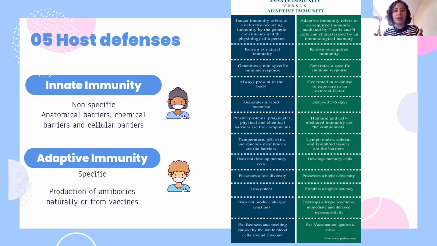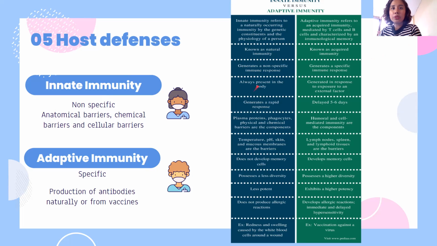So if a tetanus toxin enters your body, your COVID-19 antibodies cannot attack your tetanus toxin, okay? Unless you have a tetanus vaccine. So kunyari, kinagat ka ng aso, may rabies yung aso, so get a rabies vaccine. So actually, they are initiating adaptive immunity kasi nga antibodies ang involved.